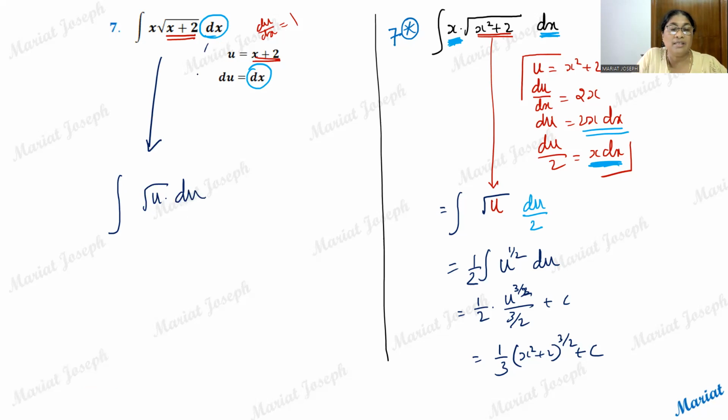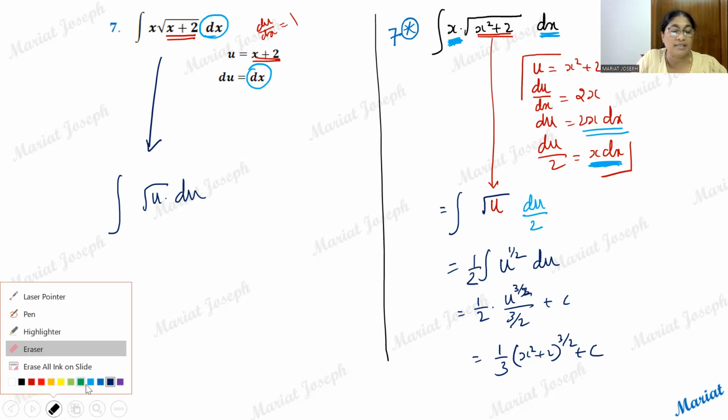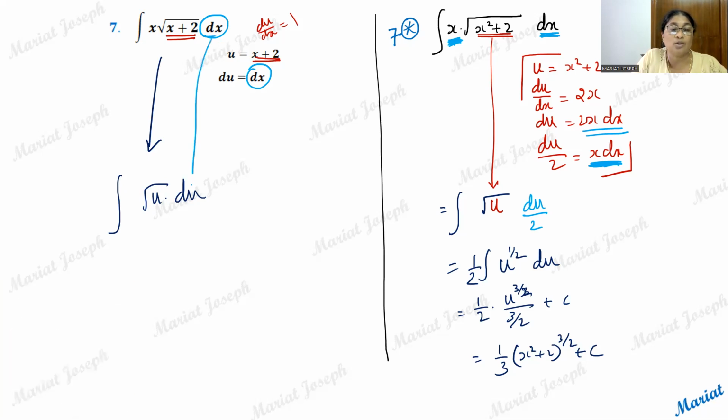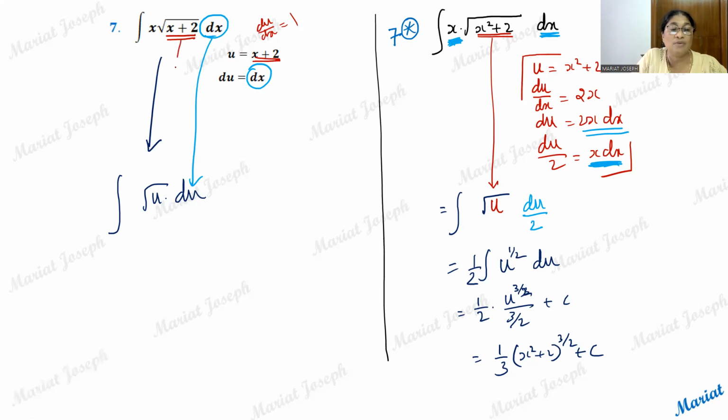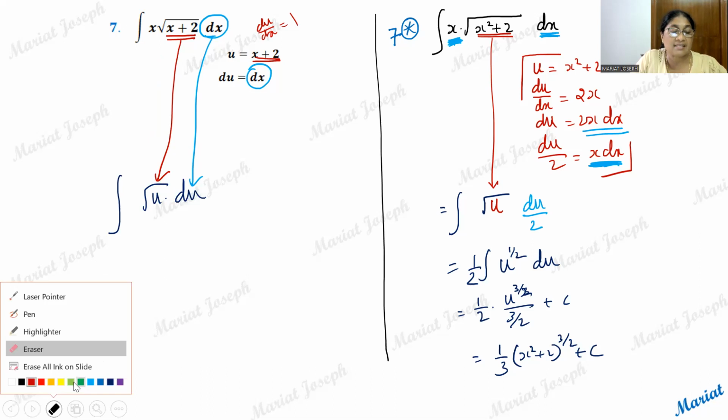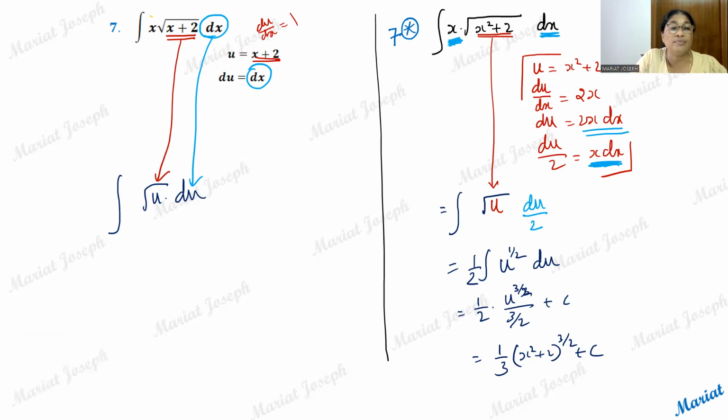Look, this dx became du, and root of x plus 2 became root u. Now there is one additional one. What is the additional one? That x. What are we going to do with this x?